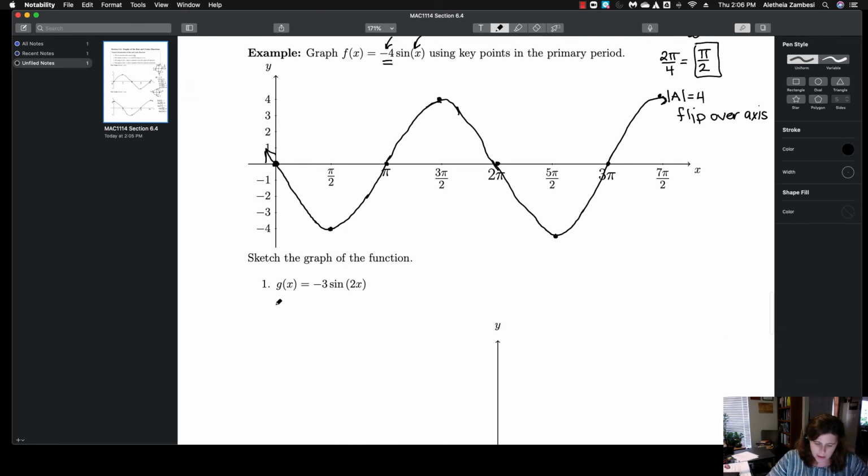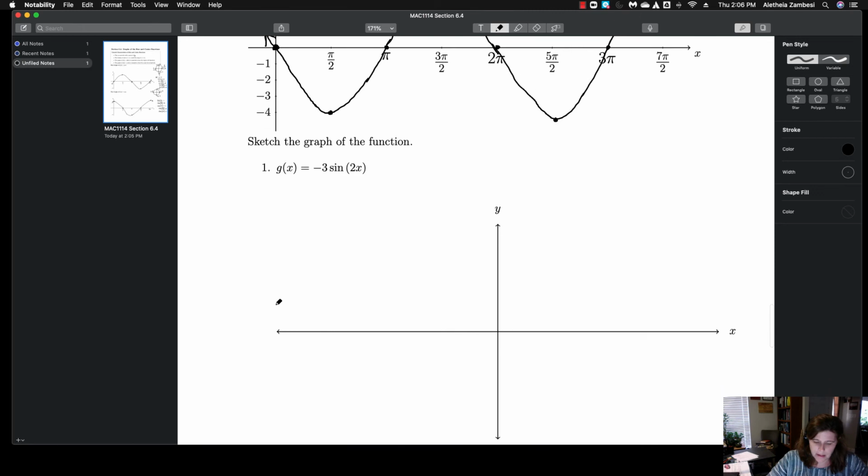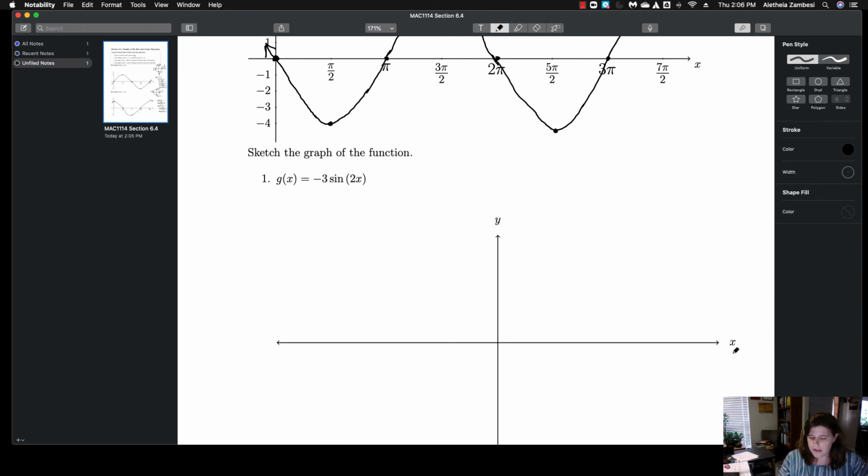Looking at the next one, we have -3 sine of 2x. So you notice that my graph is not numbered, and sometimes you have to number the graph yourself. So if we're looking at the period here, our basic one is 2 pi over omega. So 2 pi over 2 this time gives me pi for the period.